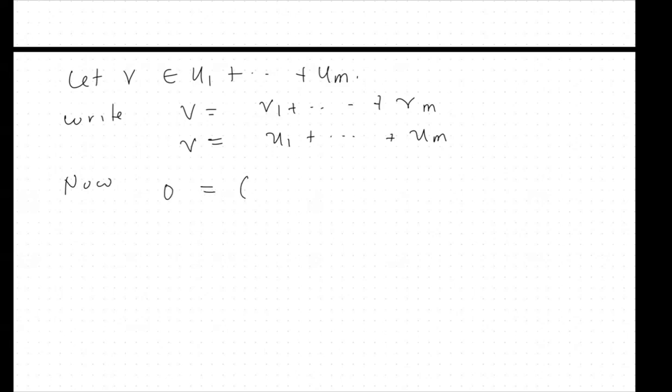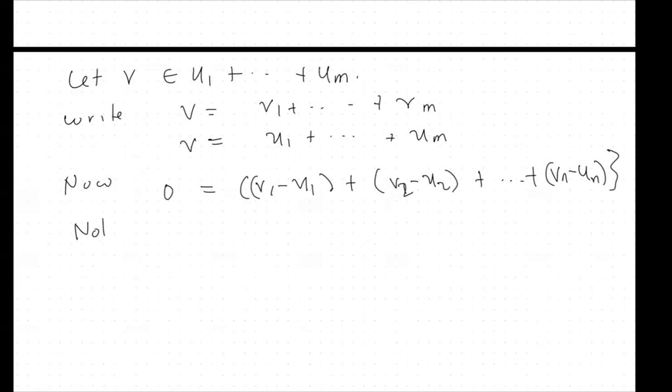Now, we get v minus v is 0. We get v1 minus u1, and then the second component plus v2 minus u2, and then we end with vm minus um.